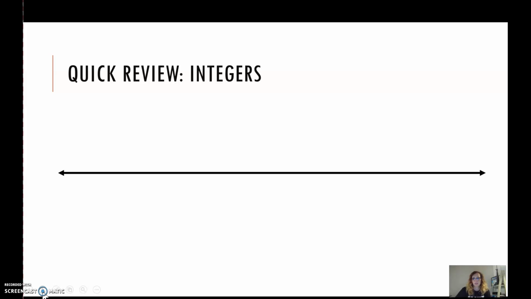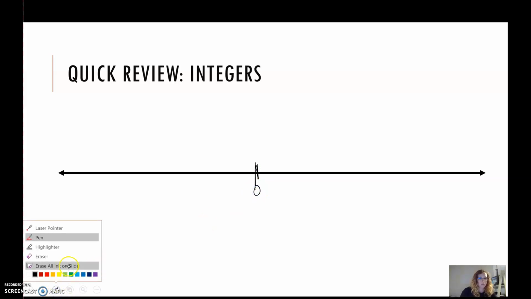So yesterday we reviewed that integers are positive and negative whole numbers, and I talked to you about them being numbers on a number line, right? So on a number line, we have 0 here in the middle.